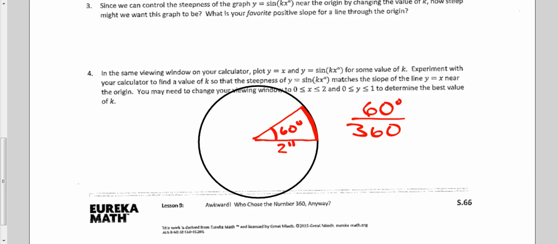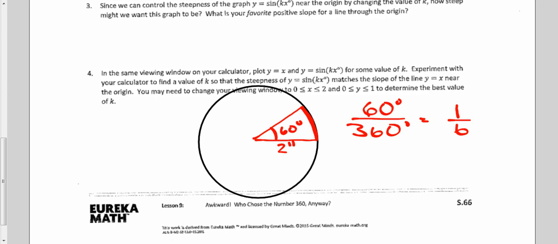It's 1/6, right? So if he walked 1/6 of the way around a circle, how far did he walk? 4 pi over 6? 2 pi over 3? Right? So here's my point: we can represent an angle by this arc length.